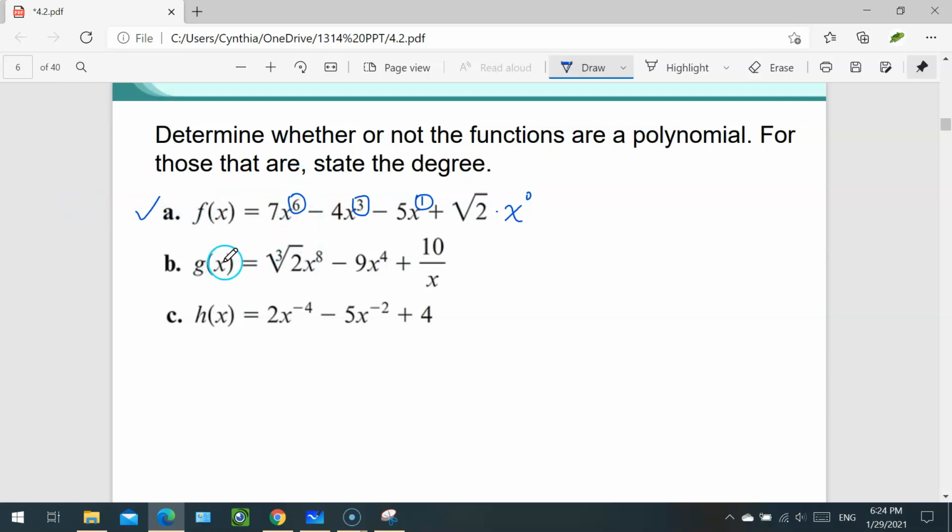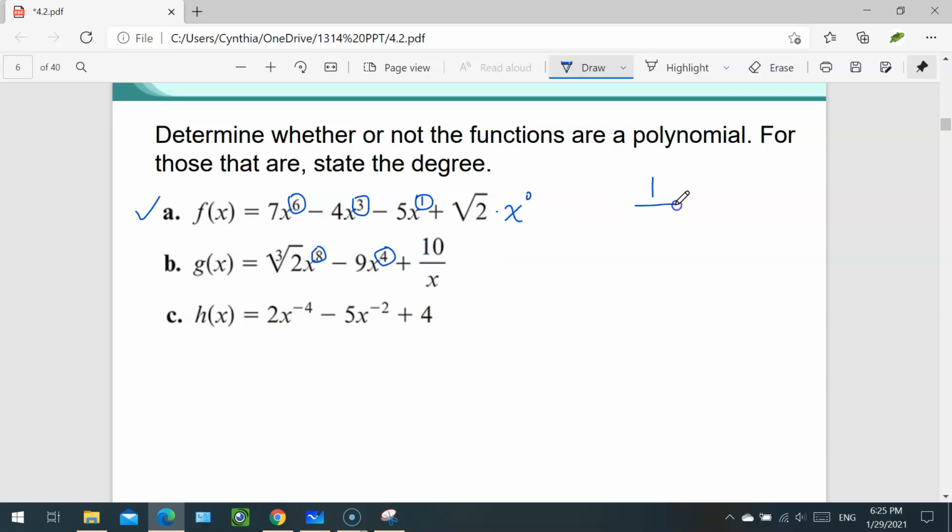Look at the g function here. The highest degree power term is number 8, right? Degree power 8. So this is a positive integer. The following term has x to the power 4. This is a positive integer. However, the last term here has 3 over x.